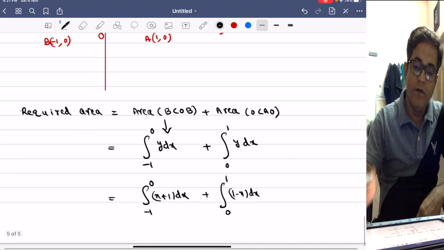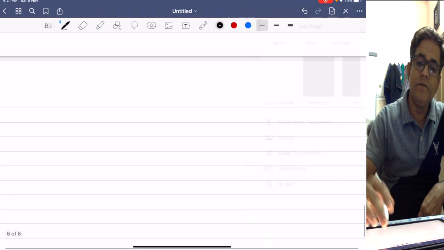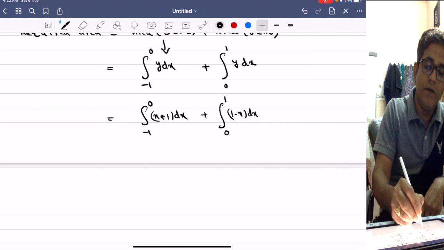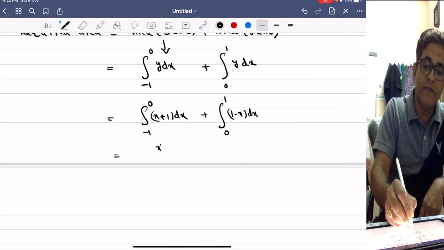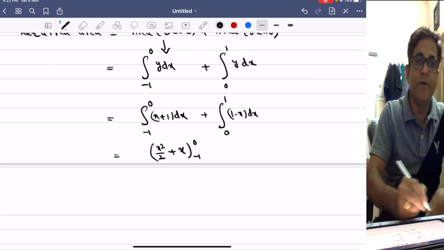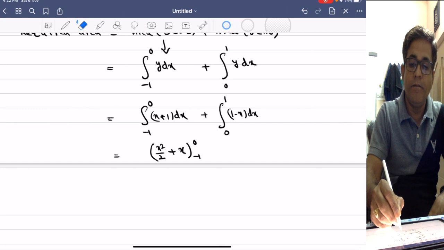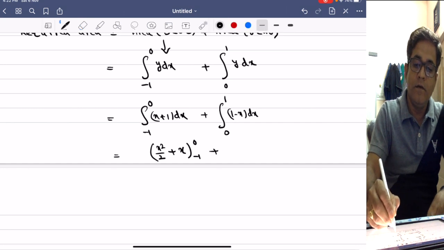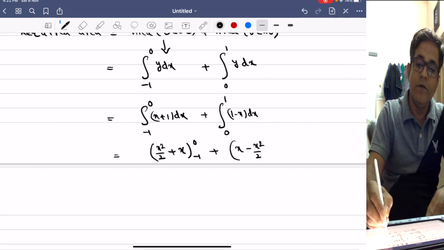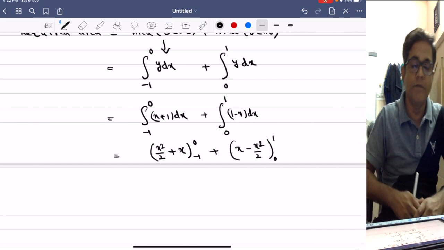Now integrate it. If you integrate it, what do you get? The integration of x is x²/2 plus the integration of 1 dx is x, limits from −1 to 0, plus the integration of 1 dx is x, the integration of x is x²/2, limits from 0 to 1.